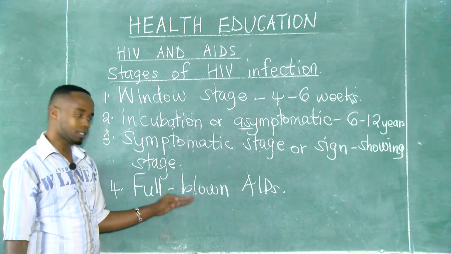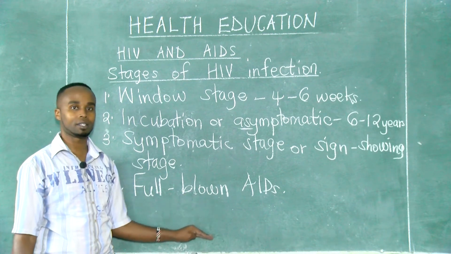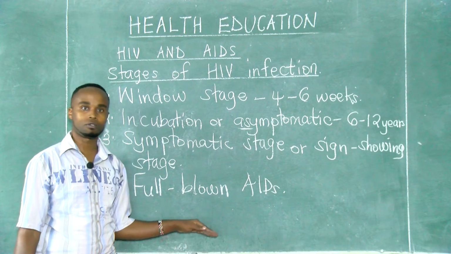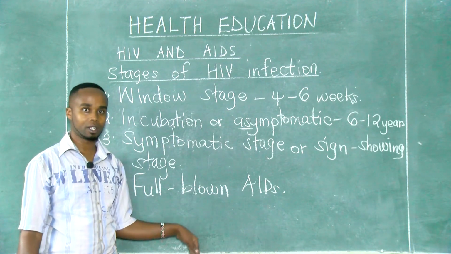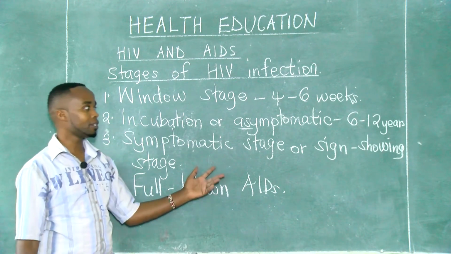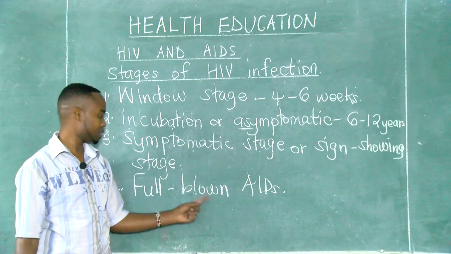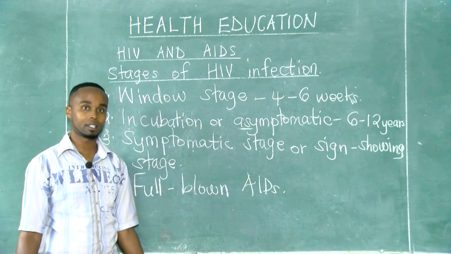So this is the last stage, the full-blown AIDS, and we have said that in this stage the immune system of your body is completely destroyed. But if somebody takes measures or follows the doctor's guidelines before getting into this stage, they can live for many years.